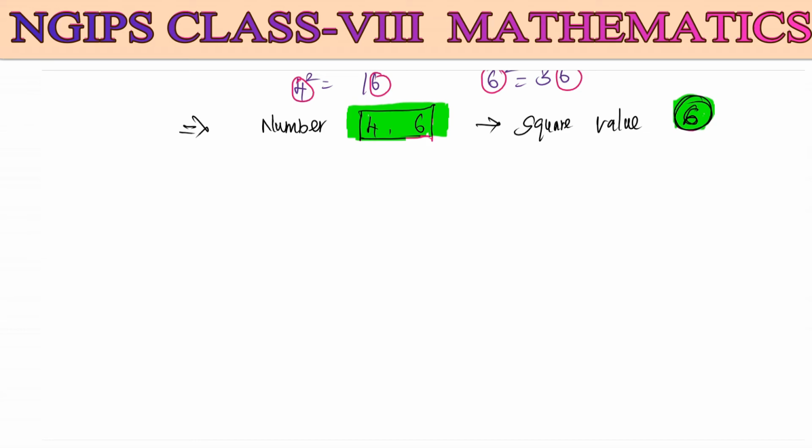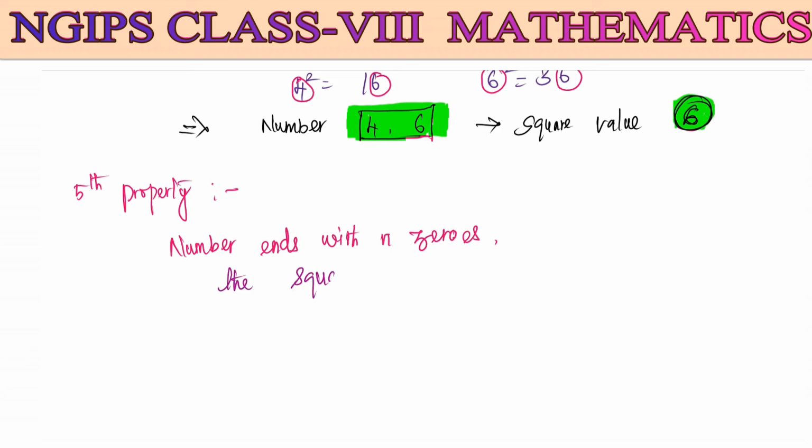Here we have the fifth property. If a number ends with n zeros, the square ends with 2n zeros.